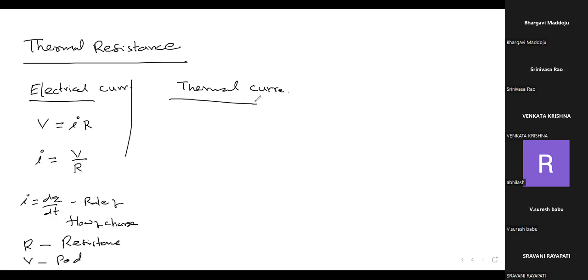Similarly, in the case of heat transmission, I is analogous to the rate of heat flow, dq by dt.